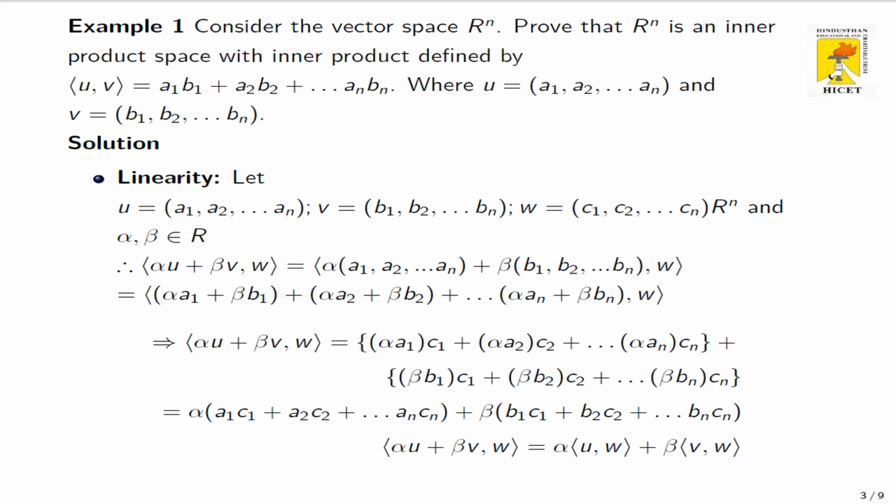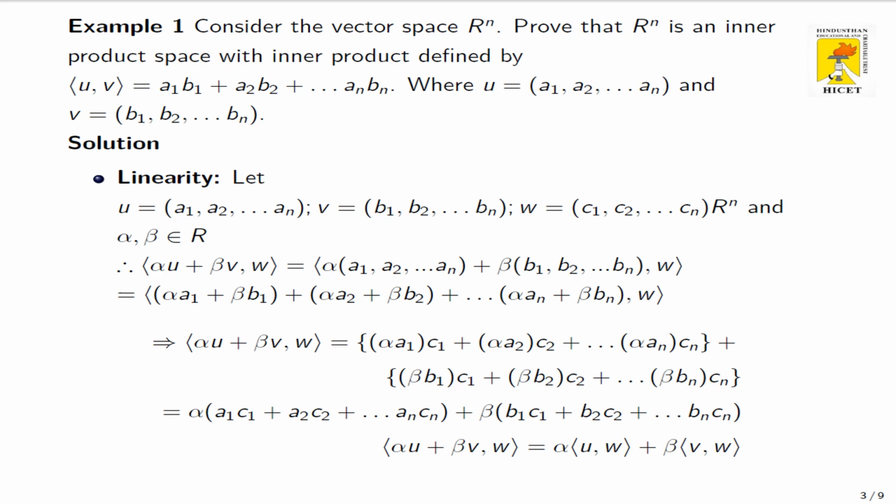Next, using the normal multiplication and collecting each component, that's equal to inner product of alpha a1 plus beta b1, alpha a2 plus beta b2, up to alpha an plus beta bn, comma w.